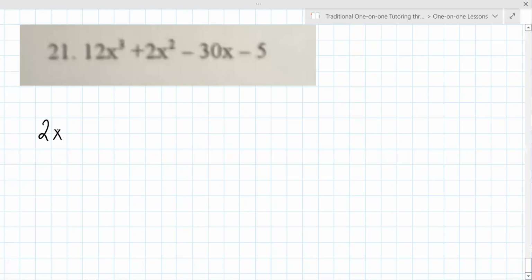Good. Now, can you tell me what goes in parentheses? 6x plus 1. Good. Now you immediately write that over here off to the right.